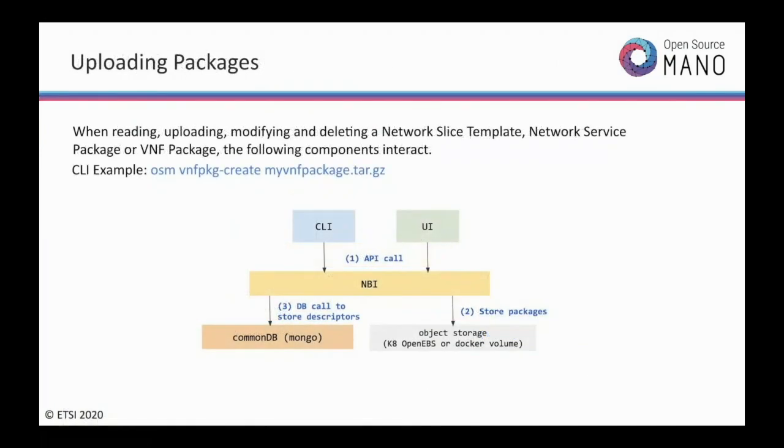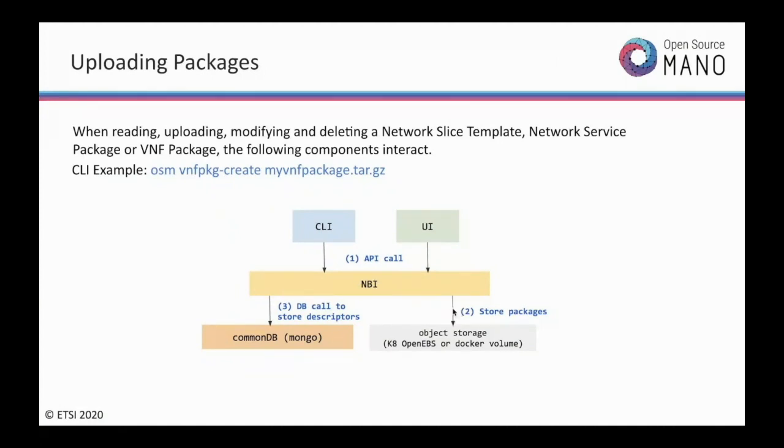When uploading packages, what's going on when we upload a package? When we, for example, do an OSM VNF create or OSM VNF package create, which are equivalent, or we do an NSD create or an NS package create, when we are uploading a package in the dashboard directly, what's going on? So the API call reaches NBI.